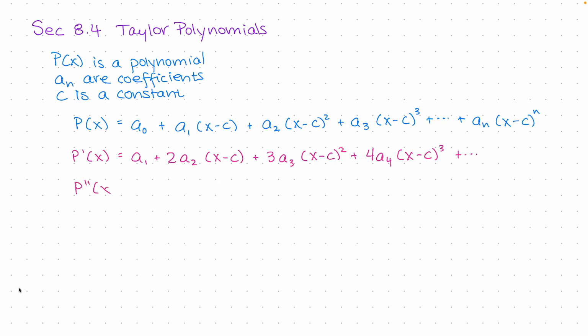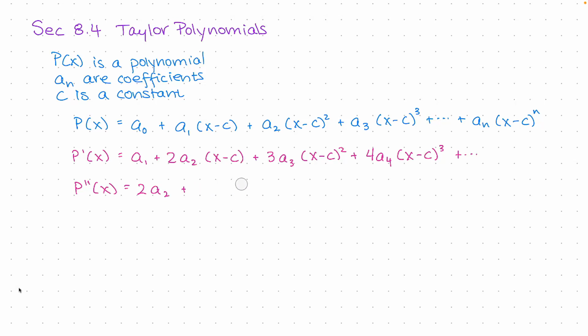The second derivative. Again, the derivative of the first term is just a constant, so that's going to be 0. The derivative of the next one is just going to be 2 a sub 2. The next one is going to be 6 a sub 3.